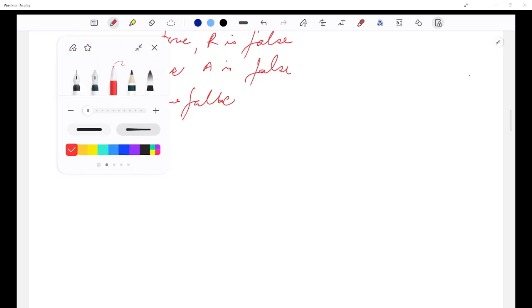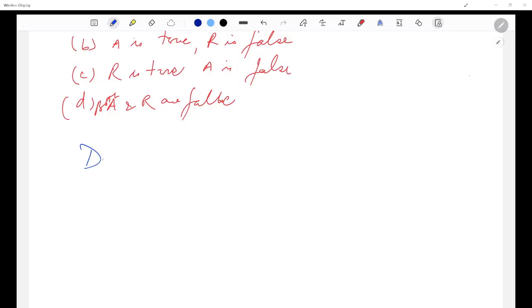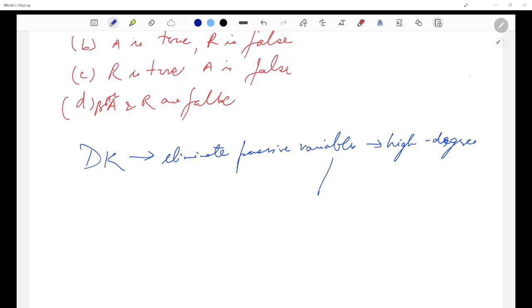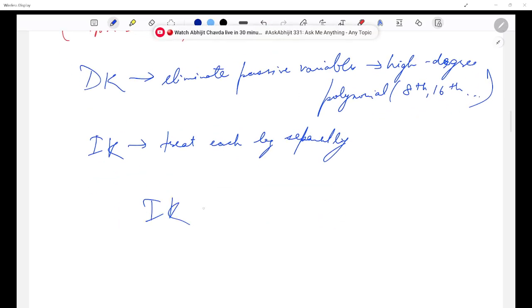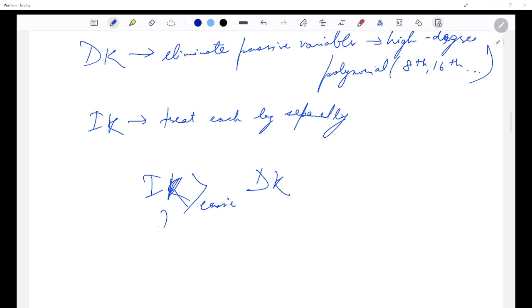Just to reiterate, in direct kinematics we eliminate passive variables and get a high degree polynomial, 8th, 16th degree, etc. In inverse kinematics, we treat each leg separately, so IK is much easier than direct kinematics, and IK is usually closed form.